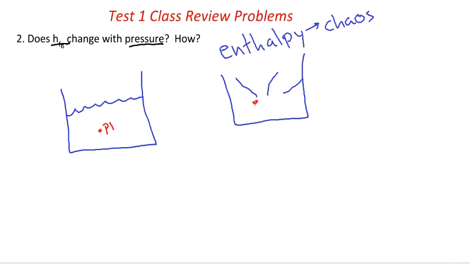Now consider that exact same point in a gaseous form of the same material, the same mass. Well, the pressure here is going to be a lot less. So we can conclude that the pressure from the liquid state to the gaseous state is decreasing. This is generally true if all things are equal. Now what about the enthalpy, the chaos of the system?